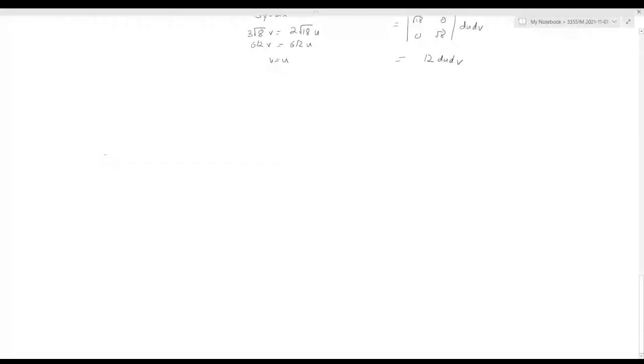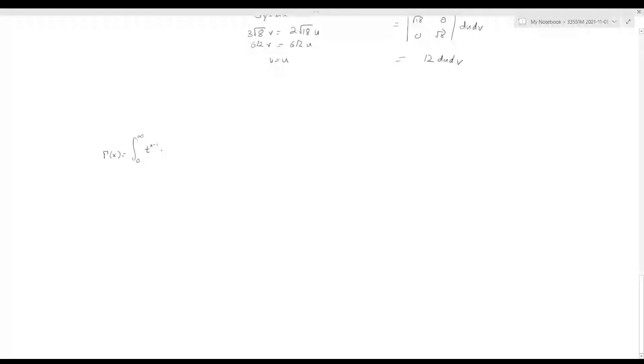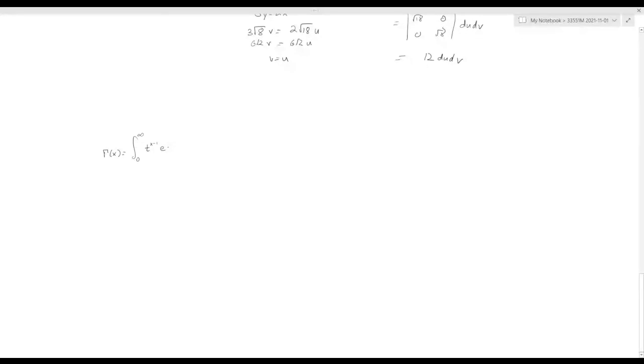So gamma of x is defined like so, as an integral. Yeah, you integrate out the t, you get a function of s.